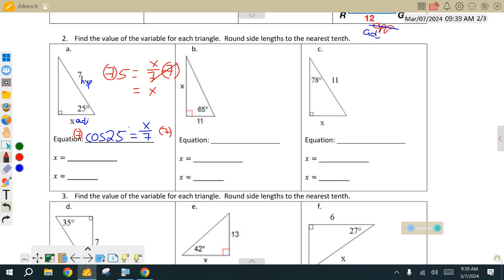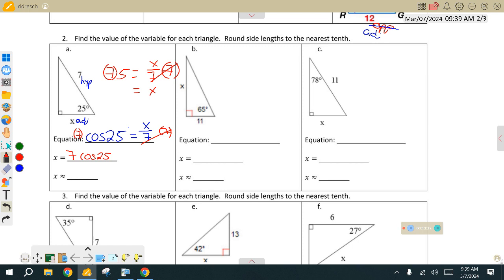These 7s are going to cancel. And then we're going to have 7 times the cosine of 25. X is by itself, didn't it? X is 7 times the cosine of 25. It's the same thing we had here, 7 times 5. It's just 7 times the cosine of 25.